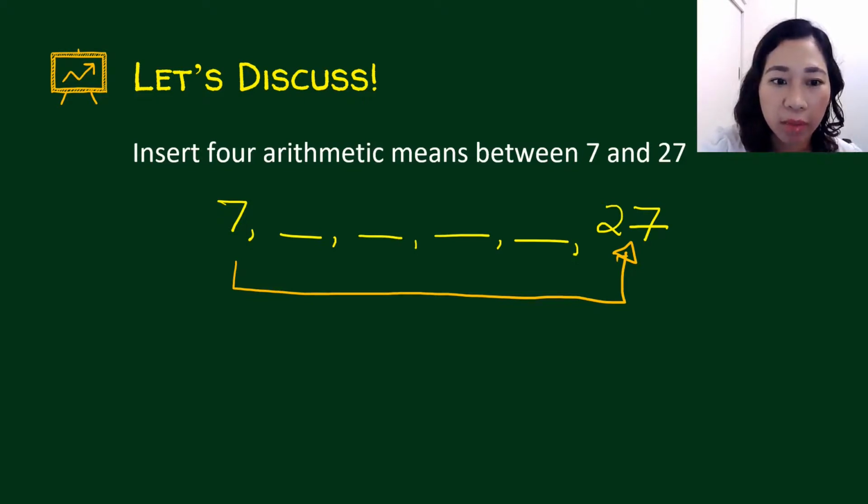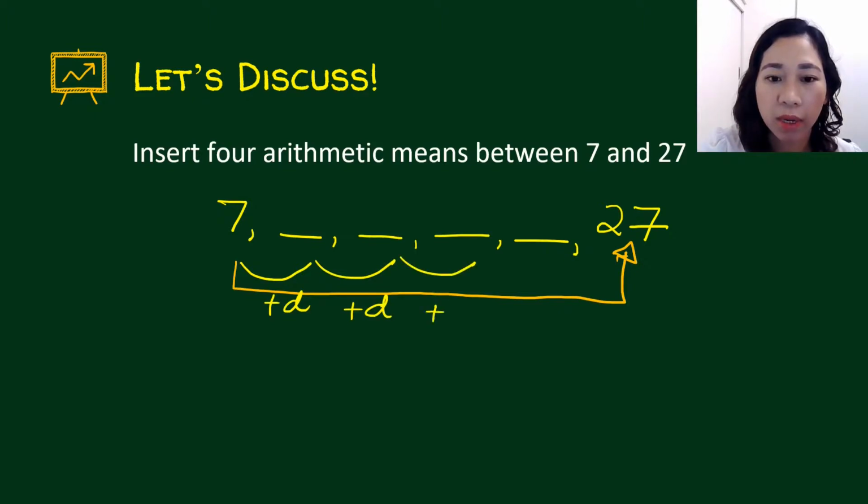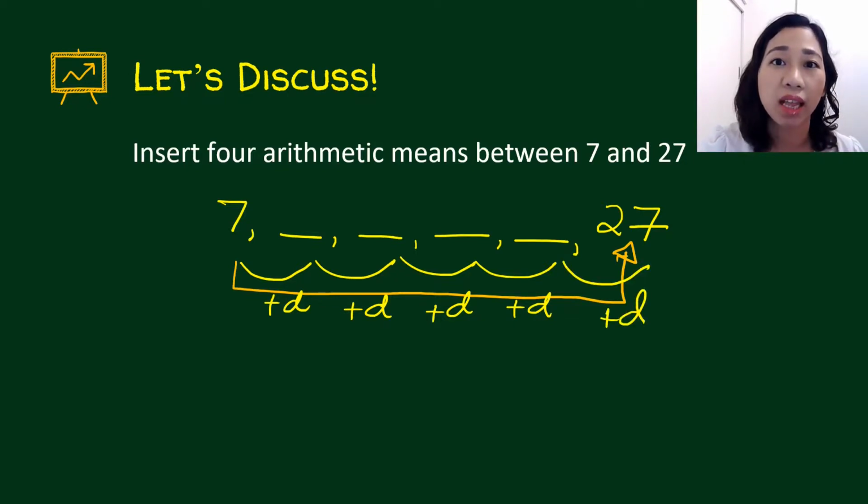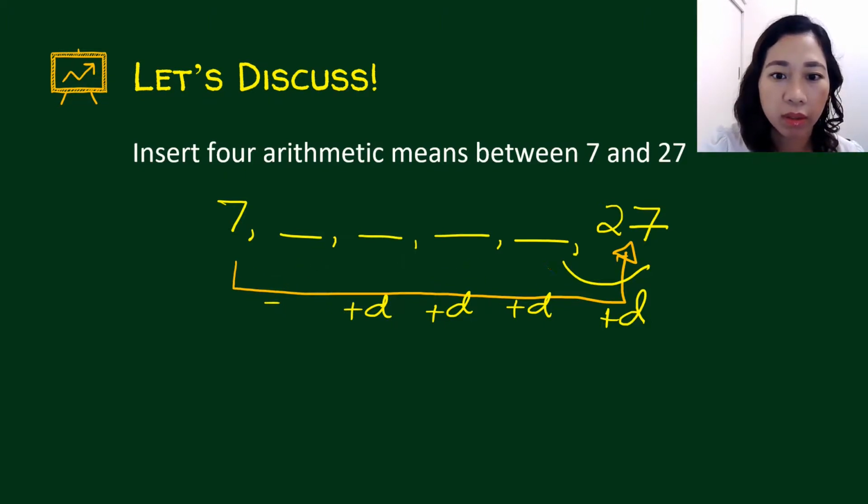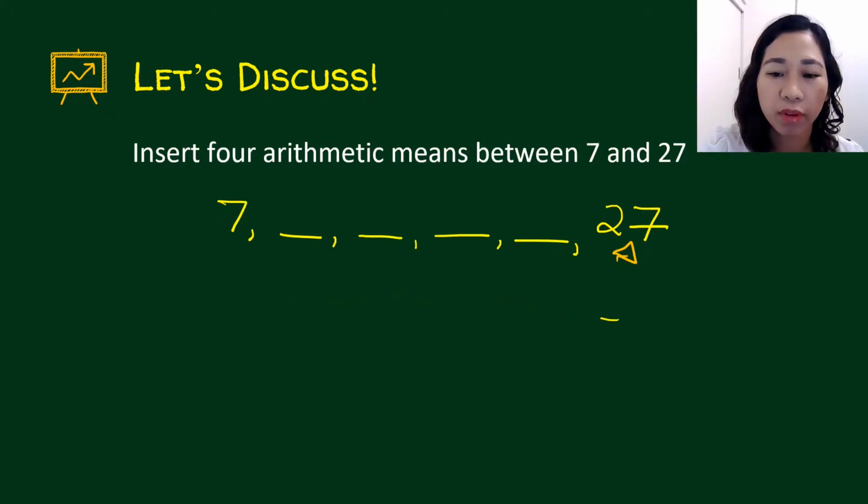So again, that means this one here is plus D, plus D, plus D, plus D, and lastly, plus D. So again, that means that is 5 times D, correct? Okay, so let me just erase that. I just wanted to show you that we have a jump of 5 times D.